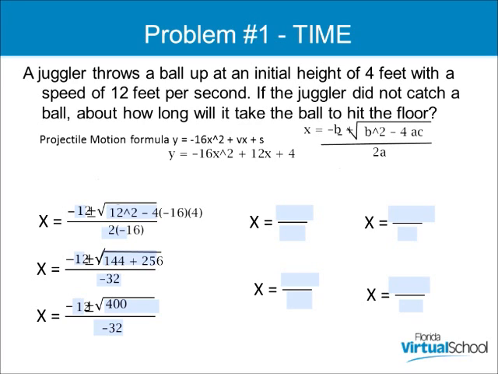And then this is the part where we're going to go ahead and split up that plus and that minus. Okay, one's going to be plus, one's going to be minus. So we just keep our values here at -12, and this is the point where you're going to take the square root of 400. The square root of 400 is 20. All right, and this one over here is almost the exact same thing, -12. Instead of a +20, we're going to have a -20.